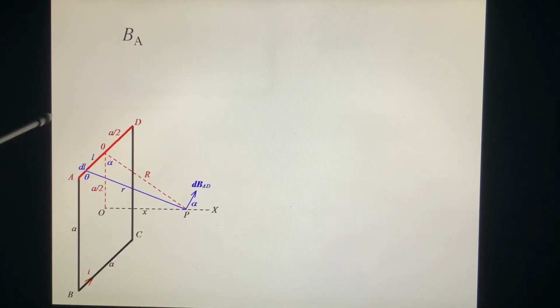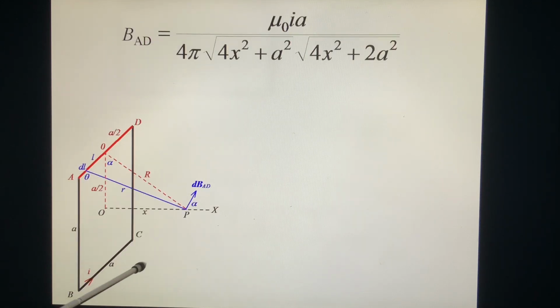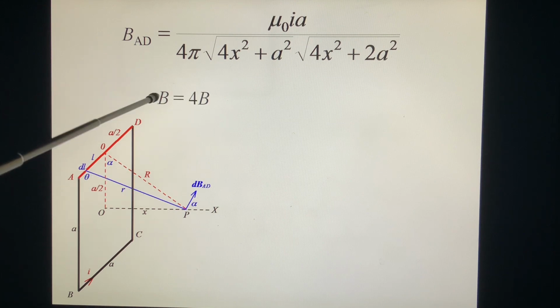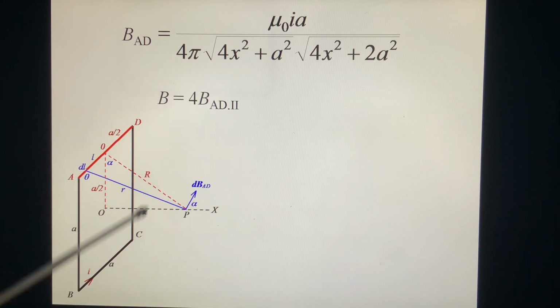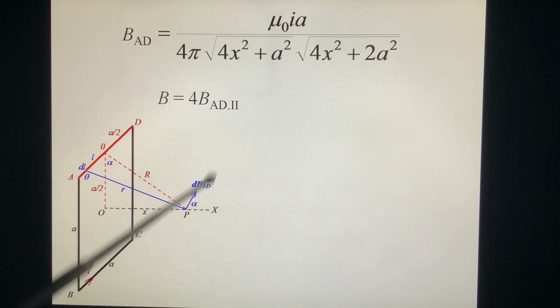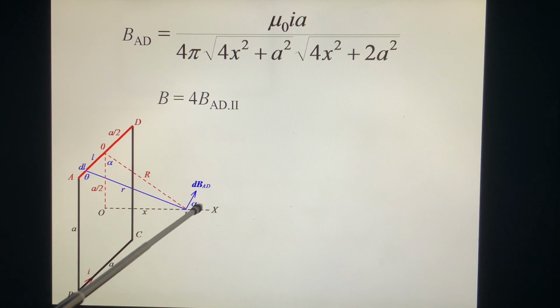We find that the other three current lines produce the same magnitude but different directions. Because the final B must be along the x direction by symmetry, total B equals four times the component parallel to the axis, that is, B AD cosine alpha along the x direction.